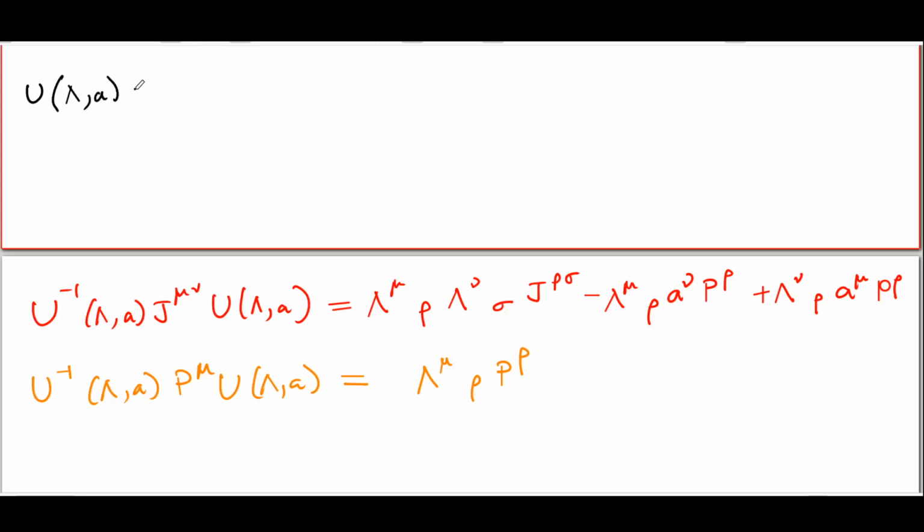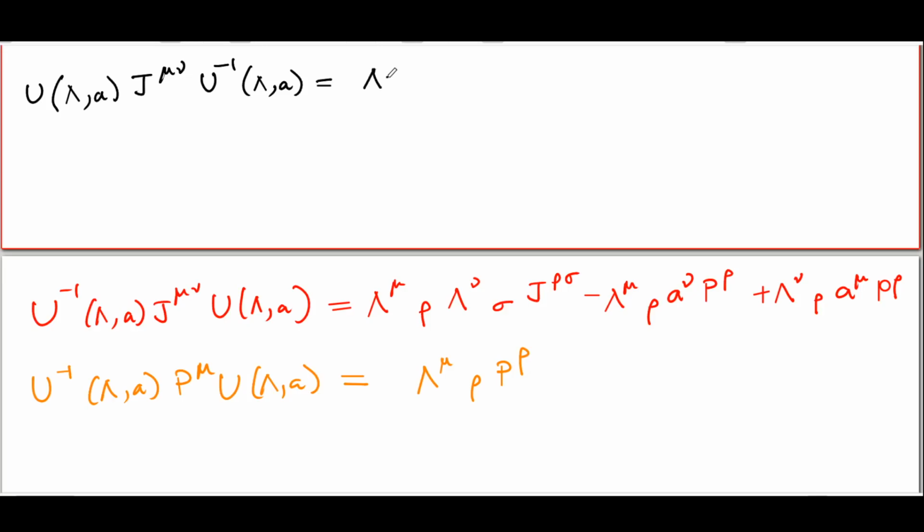U lambda A, J mu nu, U inverse lambda A. Weinberg's book actually has J rho sigma here. I'm changing that to J mu nu so that comparison becomes simpler.